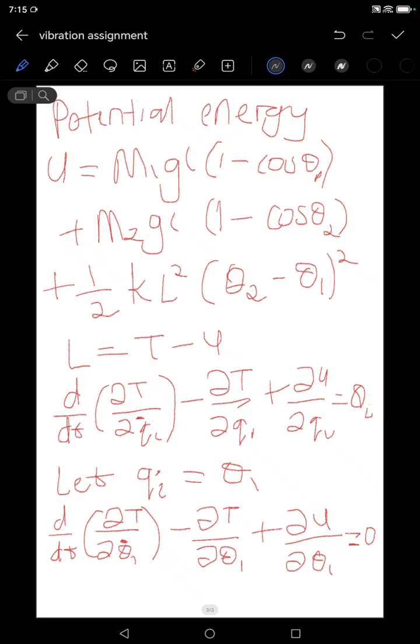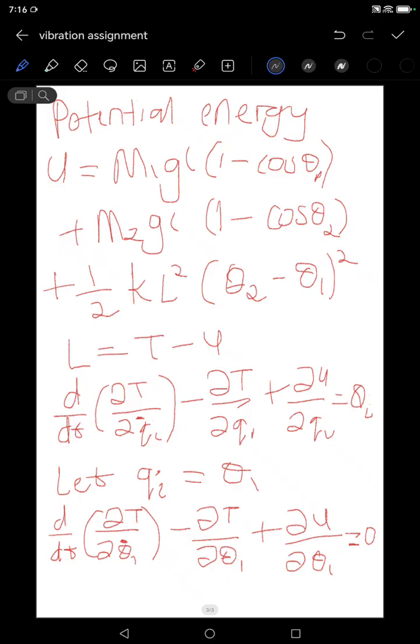Moving forward, we're going to differentiate T. We're also going to differentiate U. So T was half m1 l squared theta 1 dot squared plus half m2 l squared theta 2 dot squared.